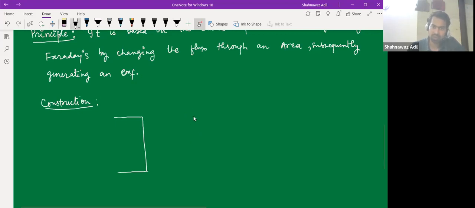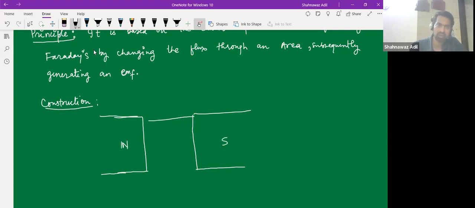So, what is the construction of an AC generator? So you have two permanent magnets, right? And this is north and this is south. So magnetic field lines are going from north to south, right, guys?